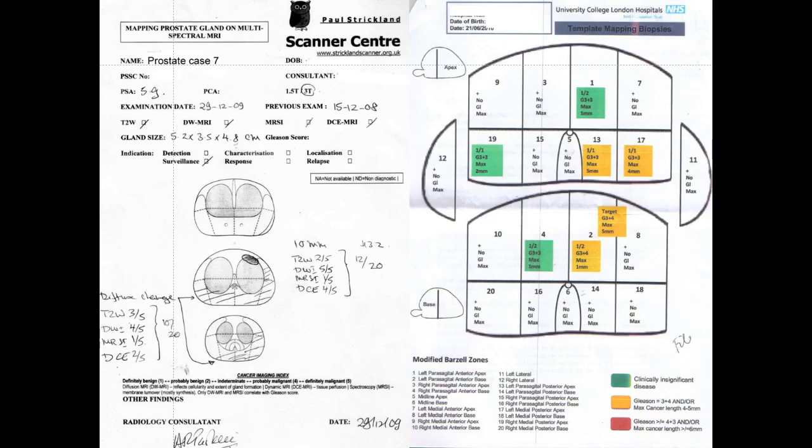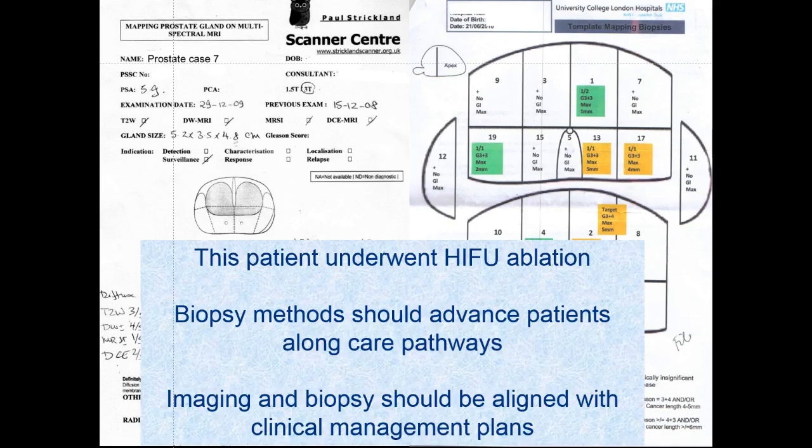Now, many of you will ask why we took so many biopsies when we had an obvious target. Well, we did that because of the next step in this patient's management. The patient wanted to be treated with HIFU if that turned out to be a cancer.